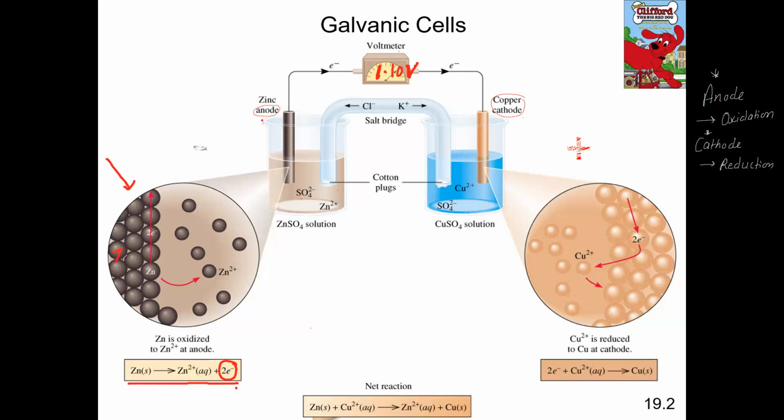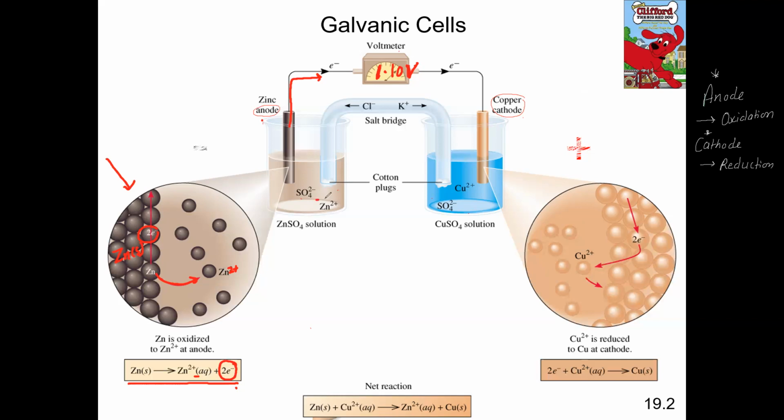This is your zinc solid. The zinc metal is coming into the solution as zinc 2 plus ions. Where are the electrons going? Zinc is coming as zinc 2 plus. Where are these electrons going? They are going in the, anyone? In the wire. See, they are not coming into the solution.